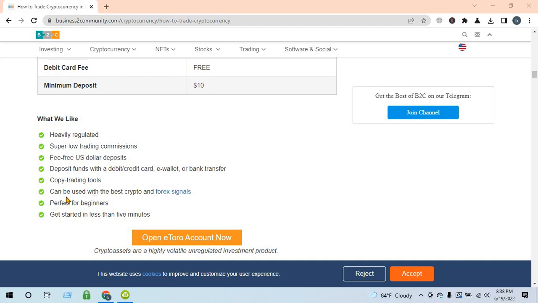Crypto trading tools can be used with the best crypto and forex signals, perfect for beginners. Get started in less than 5 minutes.